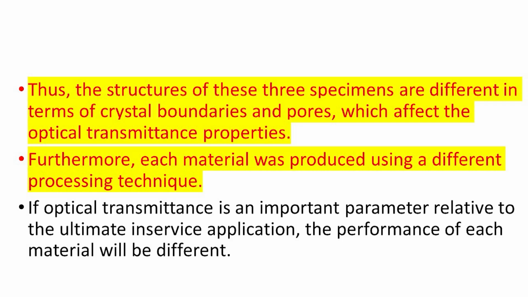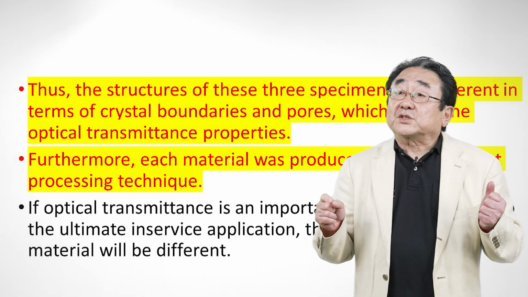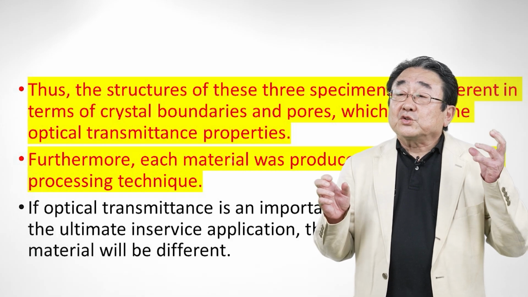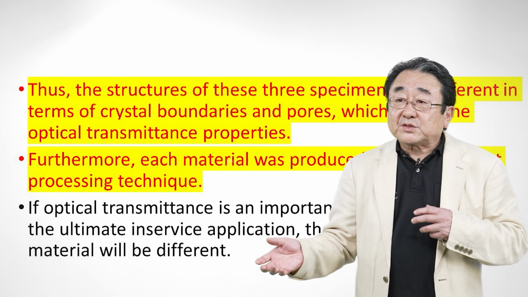Optical transmittance is an important parameter relative to the ultimate in-service application. The performance of each material will be different. So therefore, here we can understand the structure is changed by the processing method.